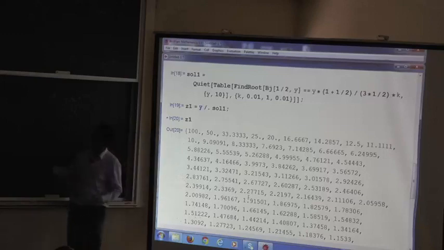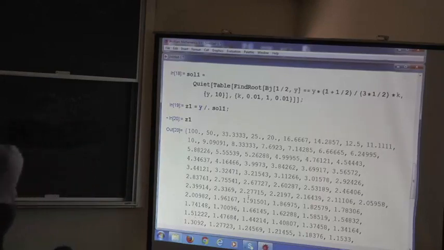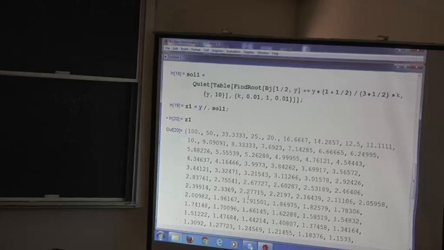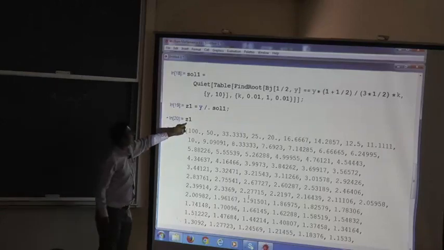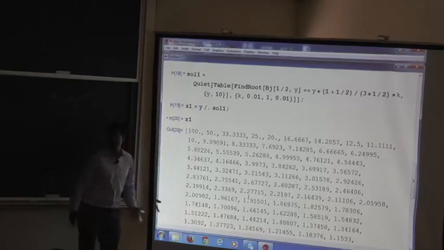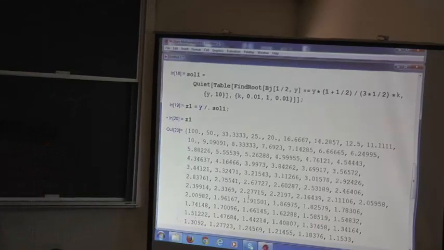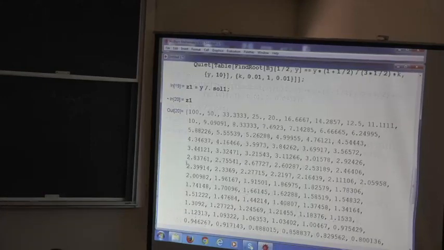Now, corresponding to that value of y, I have to find out the magnetizations. So how do I do that? I just insert these values of y into the Brillouin function. So I'm going to do that now.